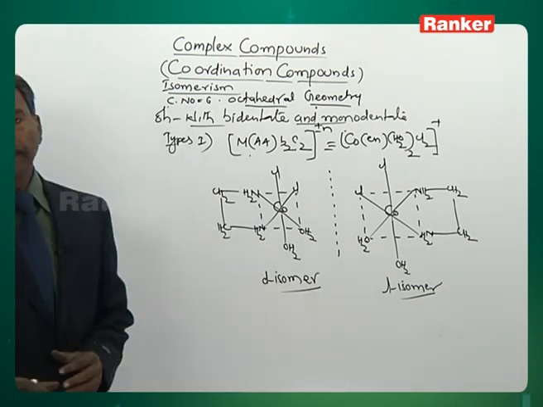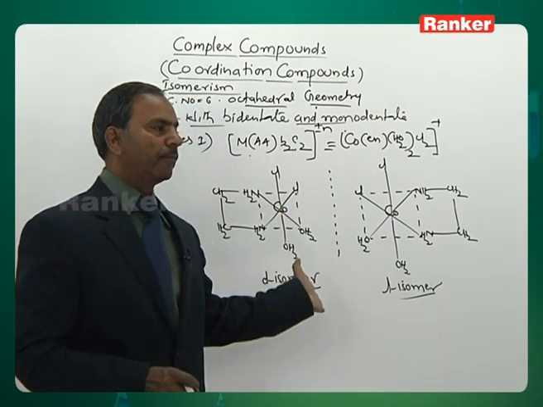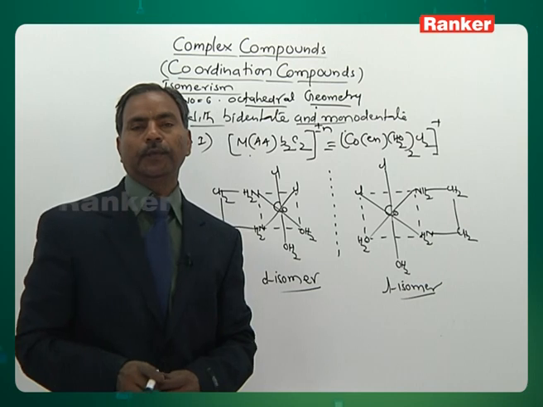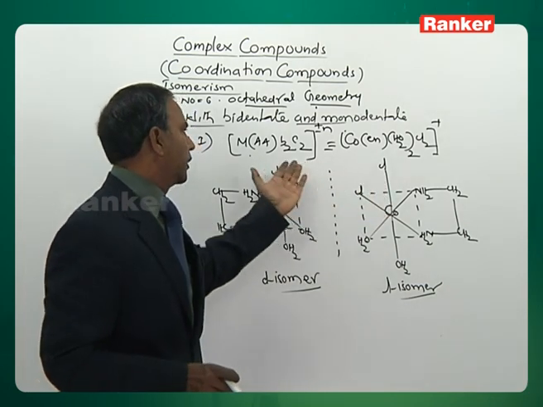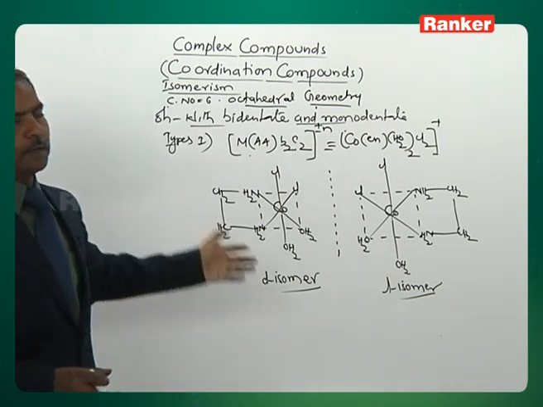One is M(AA)2B2, next BC, then M(AA)A2, B2C2. All these cis isomers are optically active, as shown on the three models.